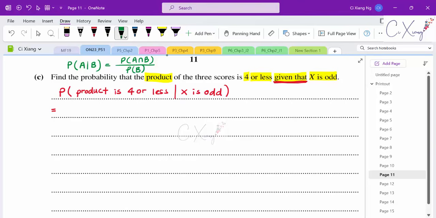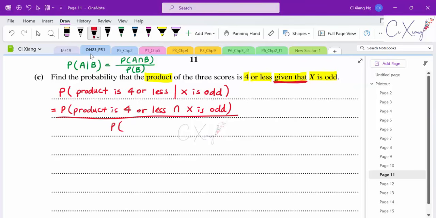So now they say that the product is 4 or less, given that x is odd, which means that the numerator we want to find should be: product is 4 or less, intersect with x is odd, then divided by the probability of x is odd.